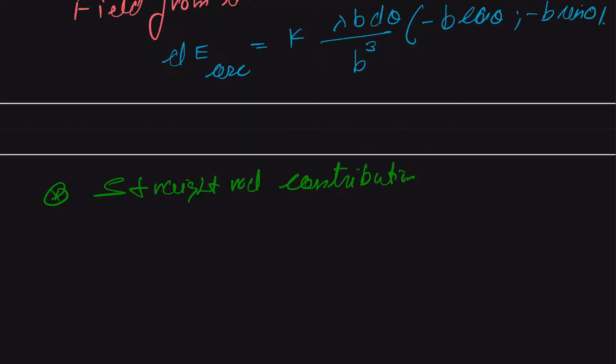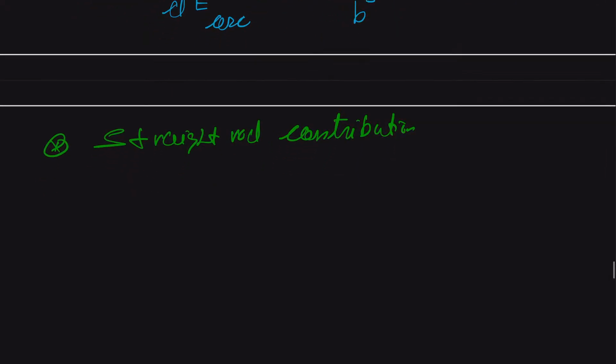And for that, let me redraw the figure here again. So this is our semicircular arc, and we are going to consider only one rod, and we have already assumed that this is the element which we had taken, and this element was at angle theta.